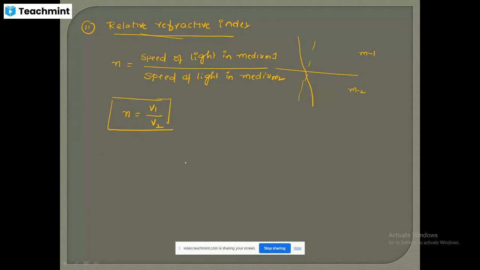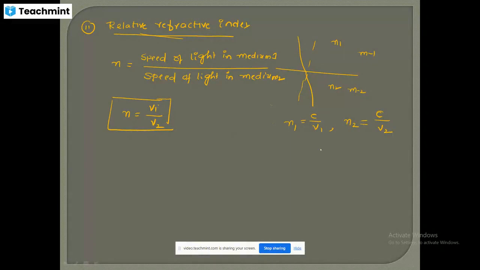You know that the refractive index of the first medium with respect to vacuum is n1, so c by v1. And for the second medium, n2 with respect to vacuum is the speed of light in vacuum by the speed of light in the second medium.